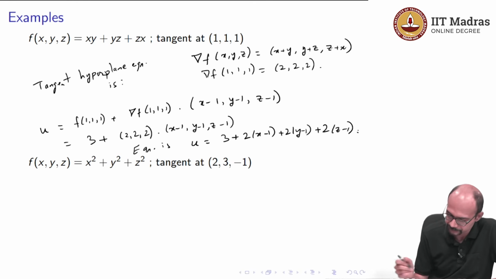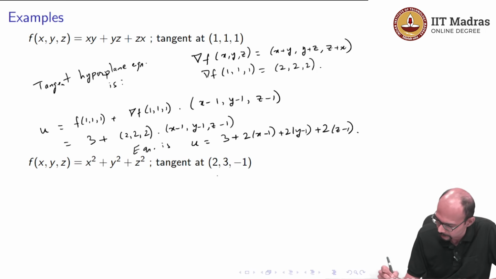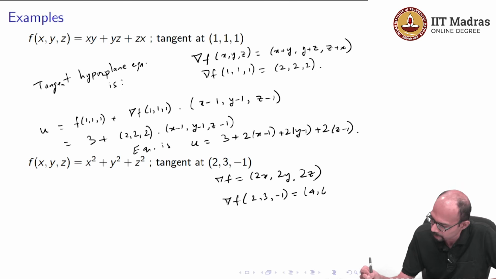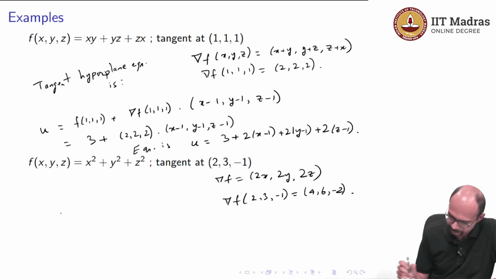Similarly, if you have x squared plus y squared plus z squared, let us look at the gradient. It is going to be given by 2x comma 2y comma 2z. If you compute it at the point 2, 3, minus 1, it will be 4 comma 6 comma minus 2.